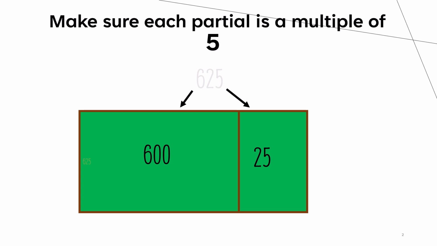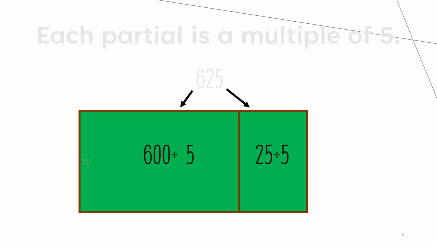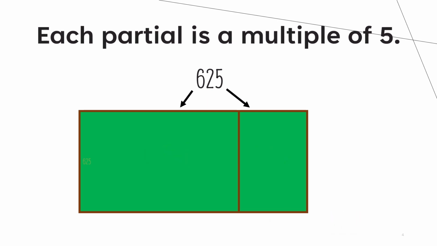So when you think of 600 divided by 5 and 25 divided by 5, you'll see the results give us 120 plus 5, which gives us an answer of 125. So when you take 625 and partition it into two pieces, you get an answer of 125.